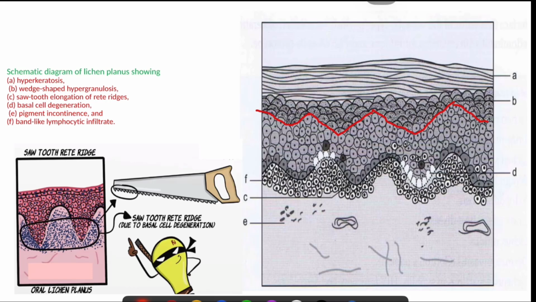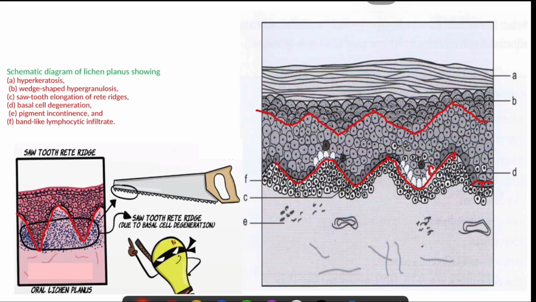Third is sawtooth appearance, or elongation of rete. So the epidermis shows this type of sawtooth appearance. Fourth is basal cell degeneration. See, this is the basal layer, right?